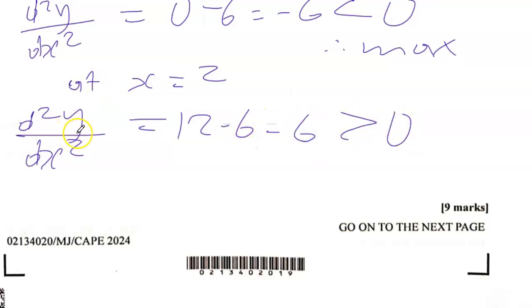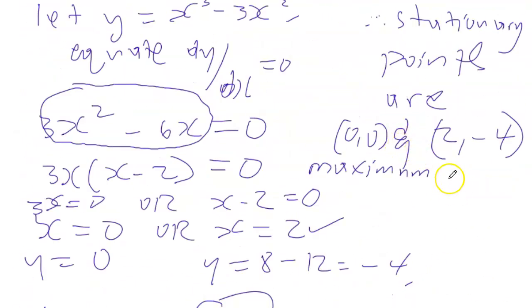And when the second derivative is bigger than 0, that's a minimum. So this point 2, negative 4 is a minimum point. So 0, 0 is a maximum. 2, negative 4 is a minimum.